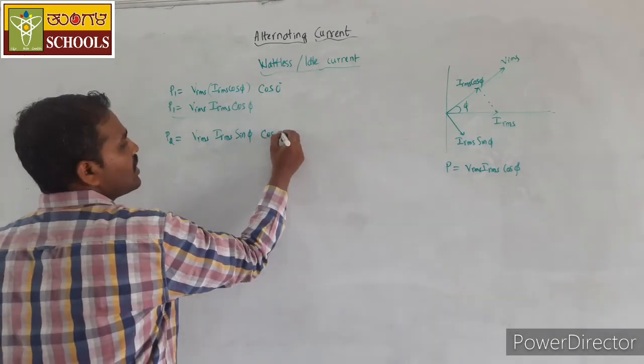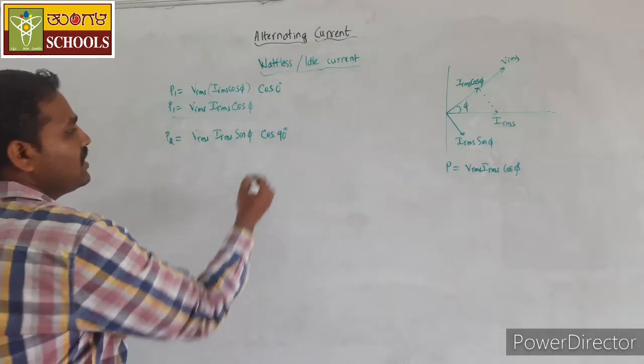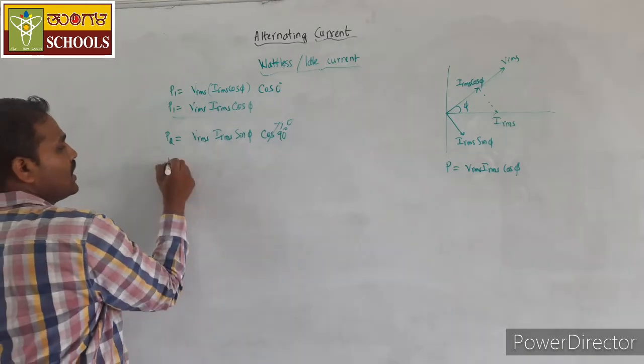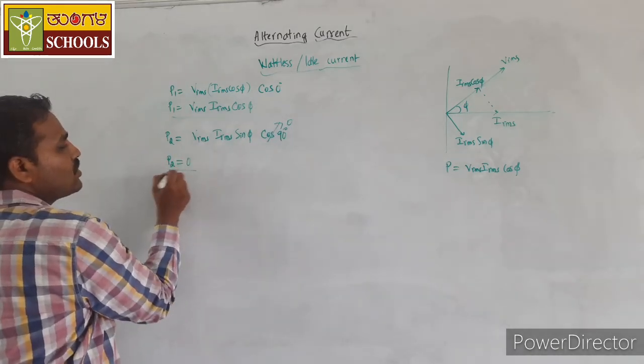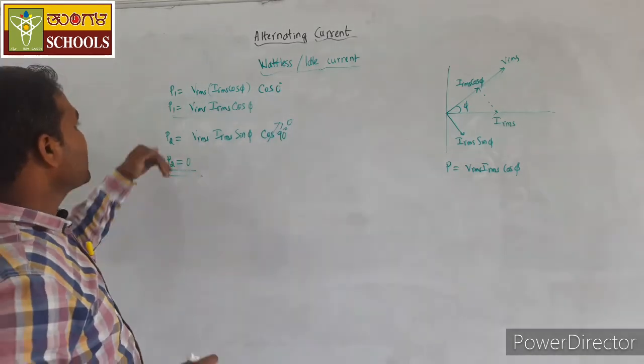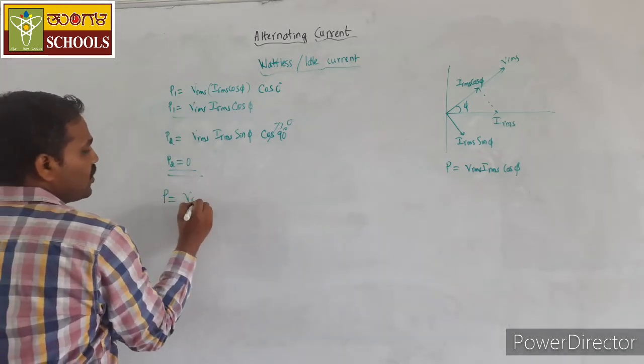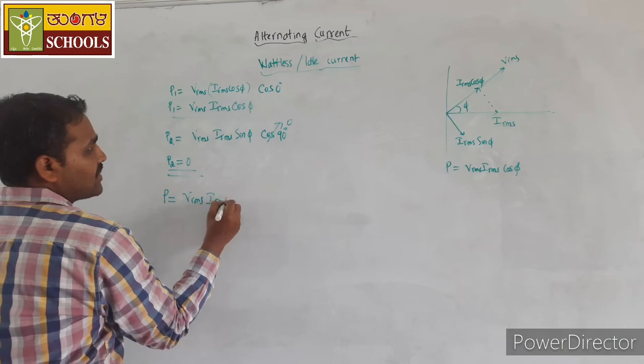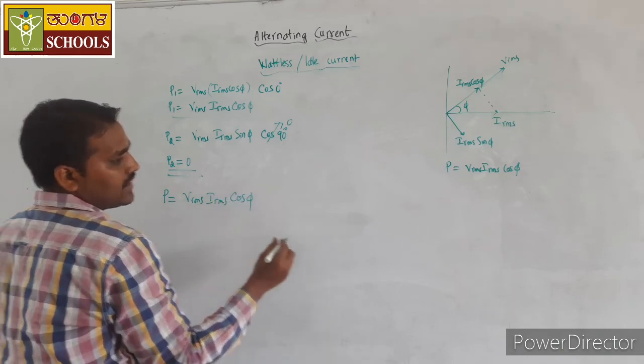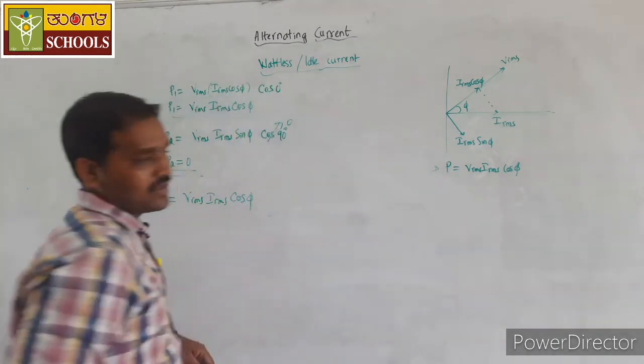Cos 90 degrees is equal to 0. Hence I will get P2 is equal to 0. The total power is P1 plus P2, so the power is equal to VRMS IRMS into cos phi. This is the same as the value we had earlier.